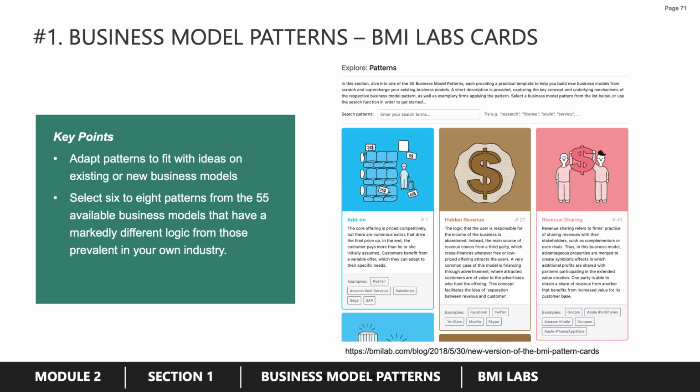In terms of business model patterns, there was a study done over a number of years by BMI Labs, looking at what patterns in different industries and across different companies helped them be successful.